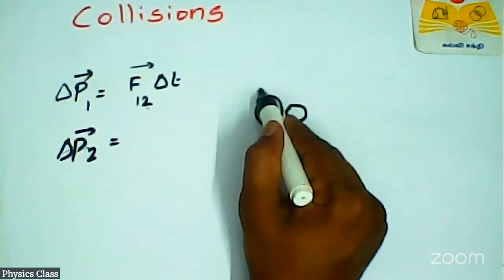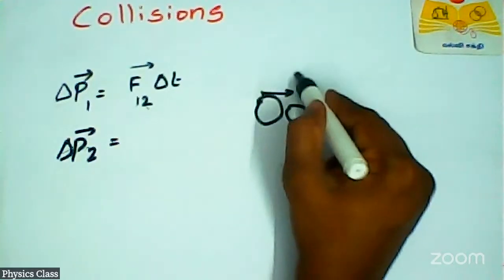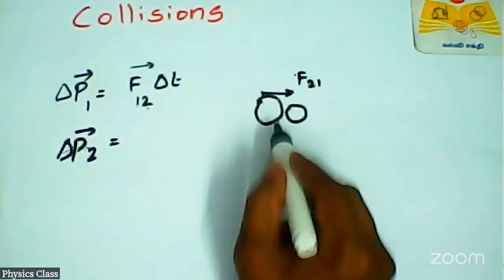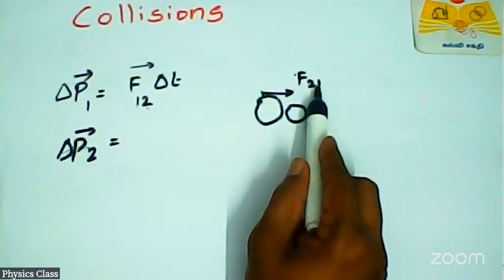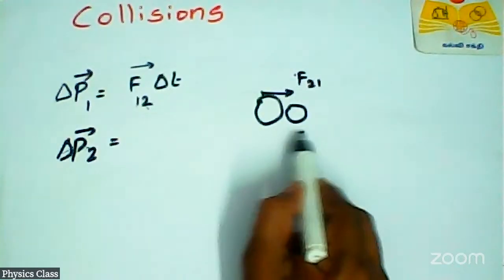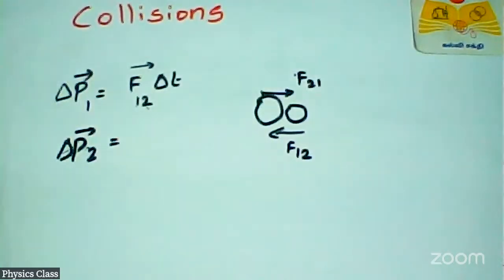So this object gives a force F21. That means force on that second object by the first. This object gives a force F12. So just remember how F12 and F21 are denoted here.